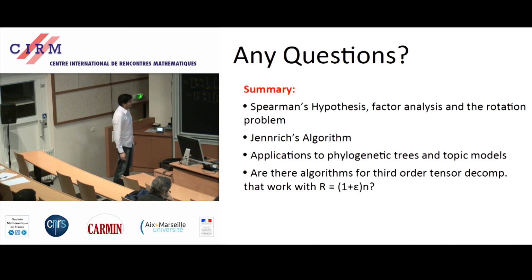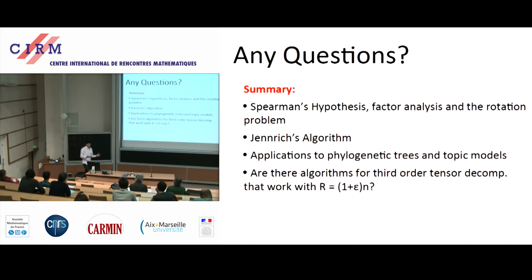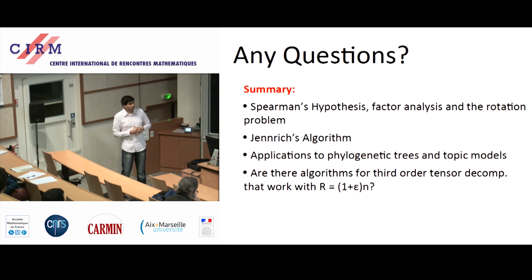But that problem completely goes away for tensors, because low-rank tensors are so much more rigid. Instead of being a single low-rank matrix, they're collections of interrelated low-rank matrices. That allows you to actually find the factors that were used to generate the low-rank tensor. Not only is it unique, but you actually have algorithms like Jennrich's algorithm, which is what I described, for finding the factors.